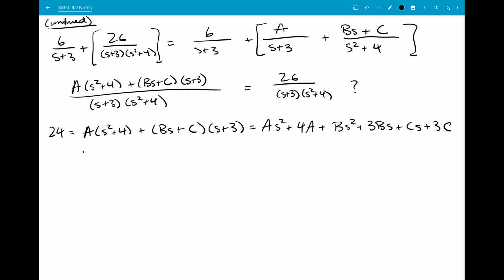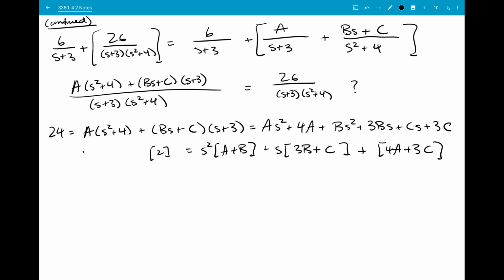So that's going to be equal to s squared times A plus B, combining like terms, plus s times 3B plus C, plus 4A plus 3C on the right-hand side. And on the left, I've got 26 plus s times 0 plus s squared times 0.